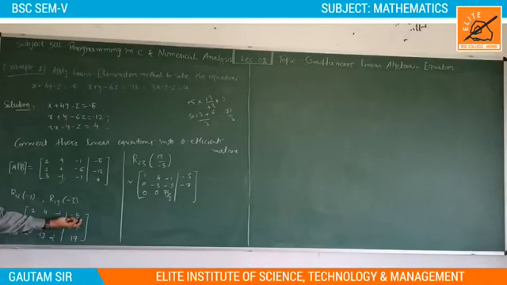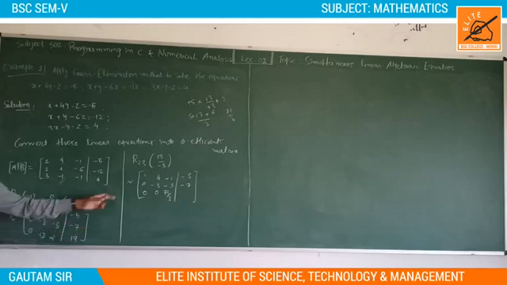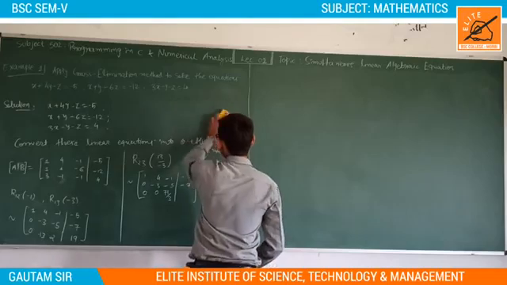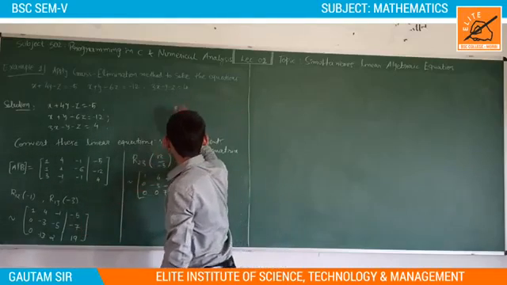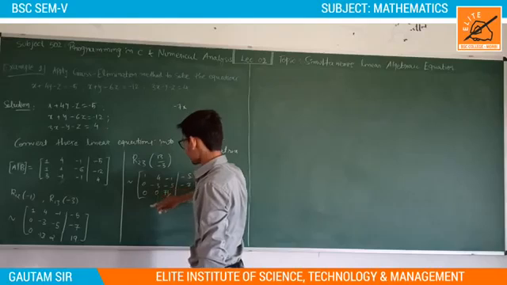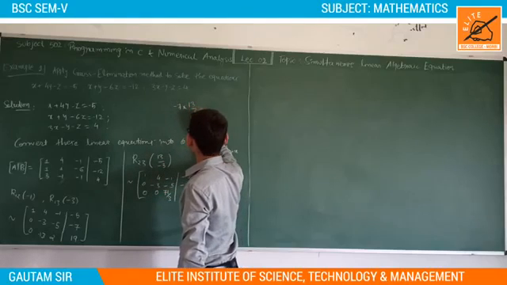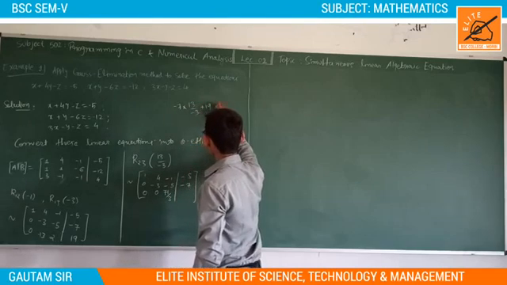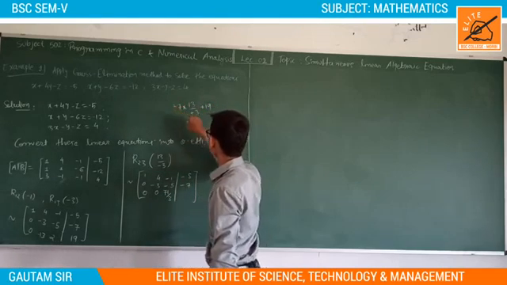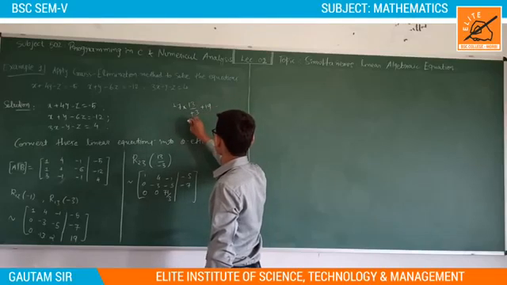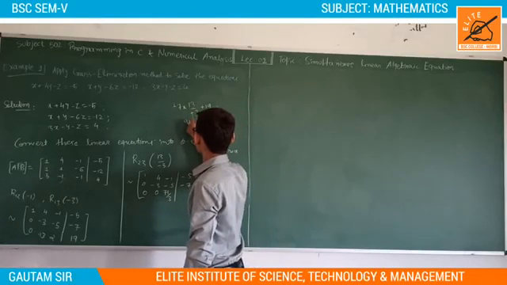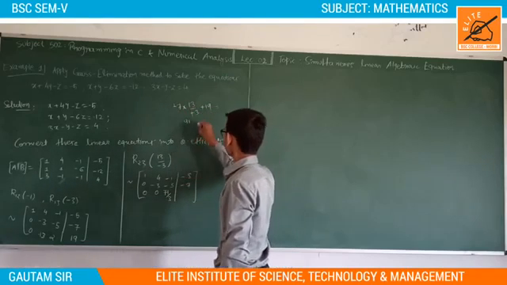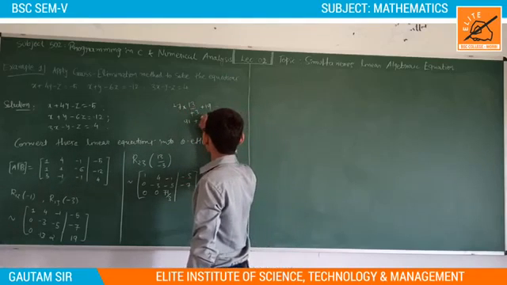Next, in the second row, multiply by 13 by minus 3. Minus 7 multiplied by 13 by minus 3 and add 19. The LCM is 3. 13 into 7 is 91, plus 19 into 3 is 57, divided by 3.